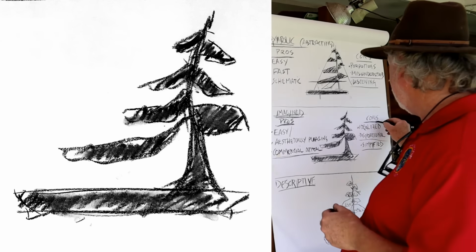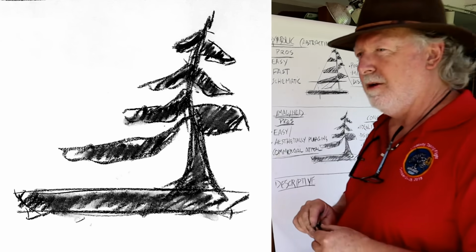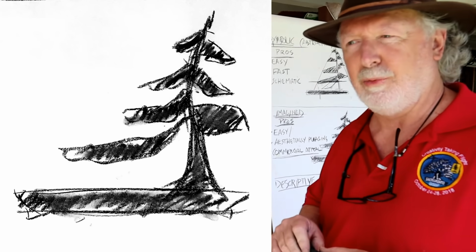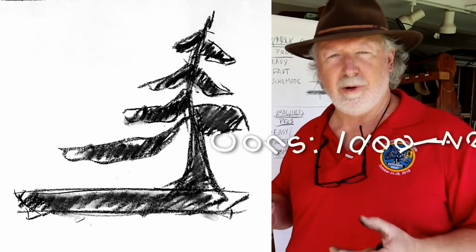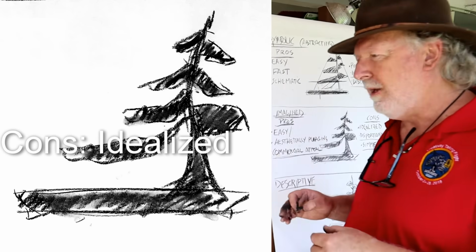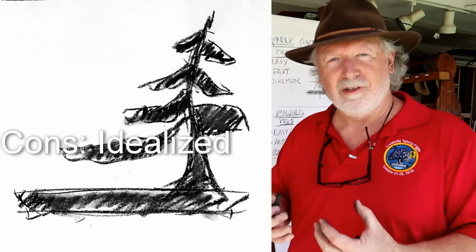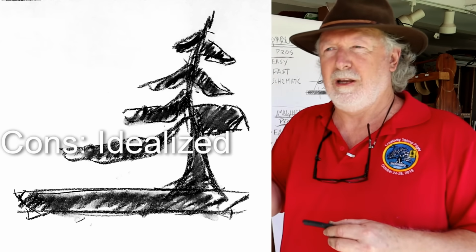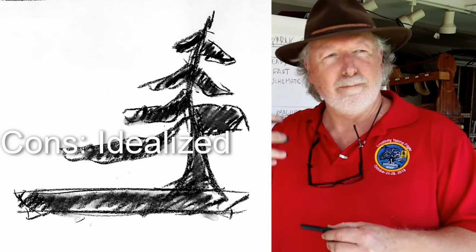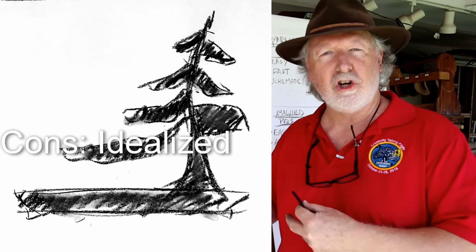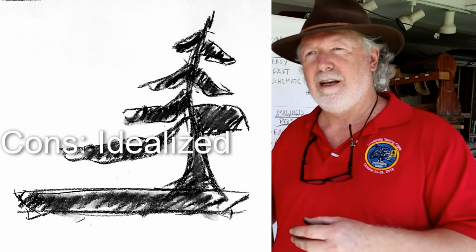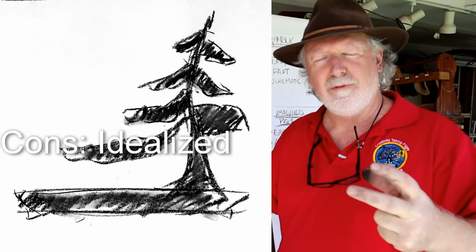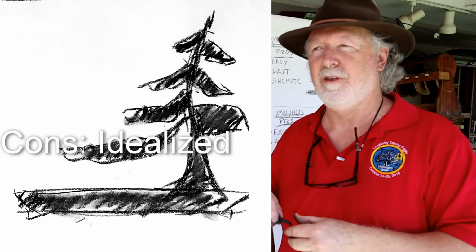But what are the cons again? Well, I consider it a con, but somebody else could like it, but you're idealizing what the tree really is, and so you're really not experiencing the nuances of the tree. You're not experiencing those real nuances between the foliage and the bark, or the deadwood, the shari or the jin. You're not really experiencing this interplay between the two, or the growth of the tree, or actually the sparseness of the tree.